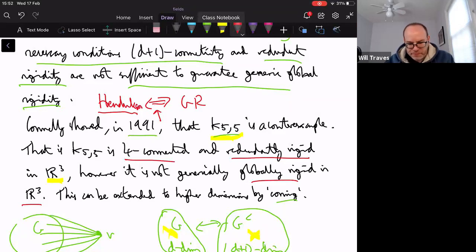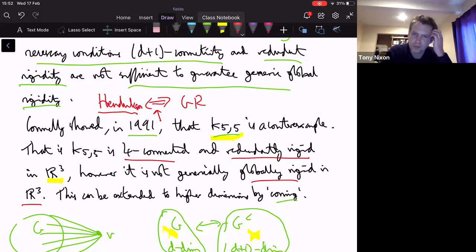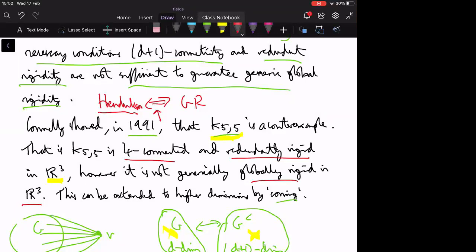But wait, could it have been proved by just finding two realizations of K55 with the same edge lengths? Yes. I think Bob used stress matrices, that was his intuition for why you would be able to find them, but I'm not even sure in his paper he draws a second one. You have to find two generic ones. Okay. And how do you write down a generic one? Yeah, good point.